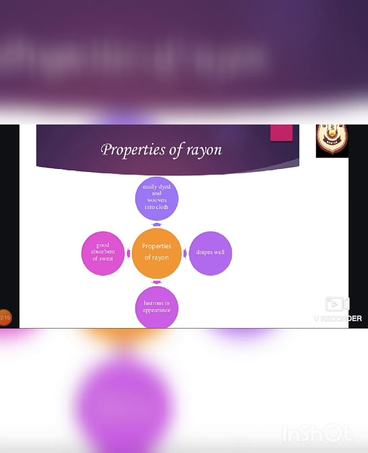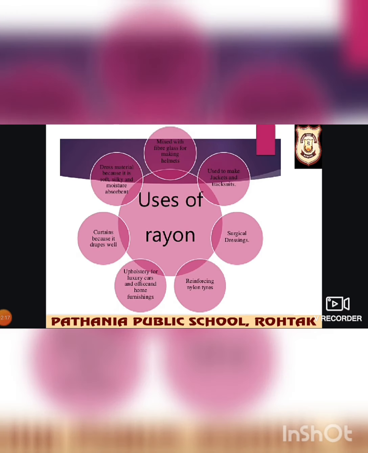Now we will discuss its uses. It is used in the textile industry for making fabric. Second, it is used for making bed sheets, dresses, aprons and caps. It is mixed with wool to make beautiful carpets.